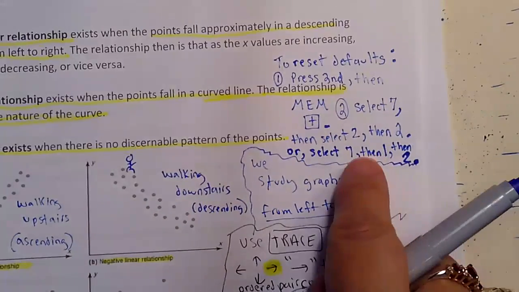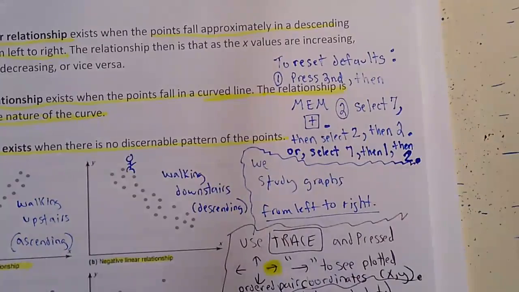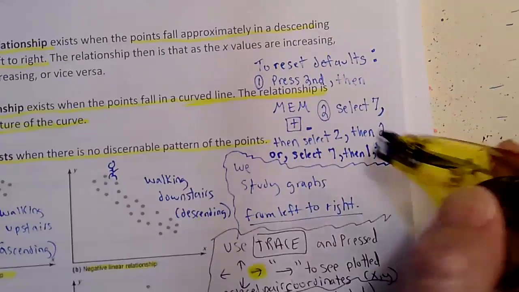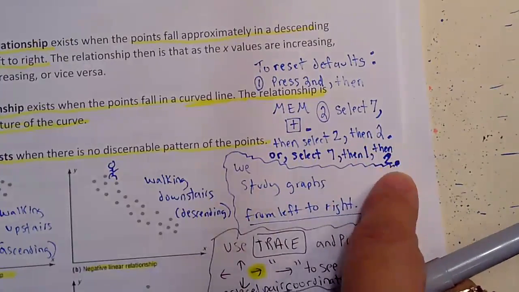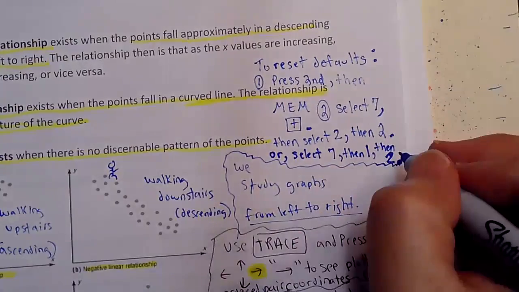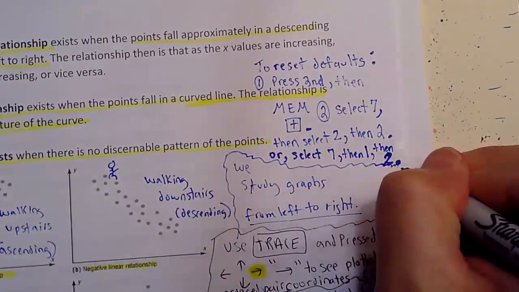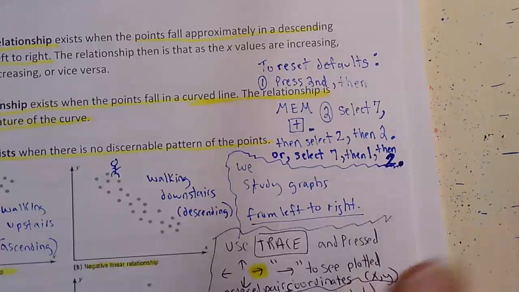So 7, then 1, then 2. I hope that doesn't get chopped off when I make a PDF. But 7, then 1, then 2. And hopefully that ought to do it. If the graph doesn't come out after all that, I'm not sure what the issue is.